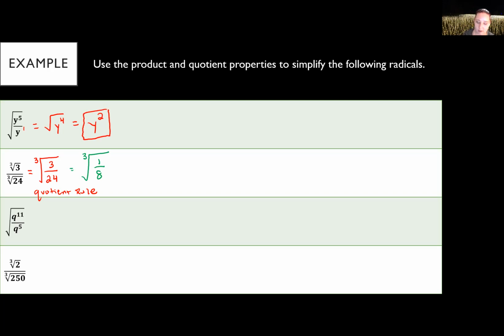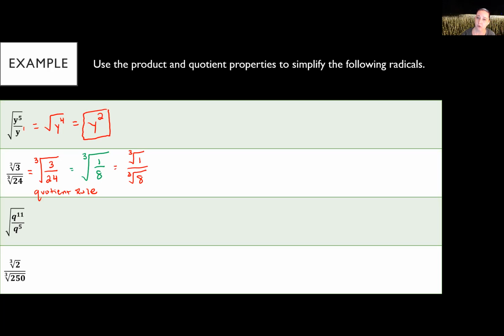This is how I work it. You may find that this doesn't work for you, but this is what works for me. So after I simplify, I split it back up, so that I now have the cubed root of 1 over the cubed root of 8.